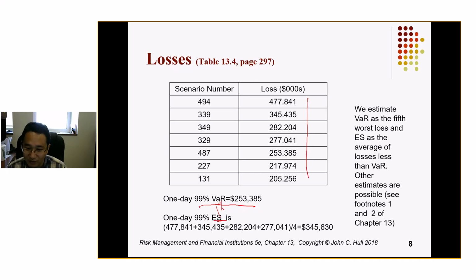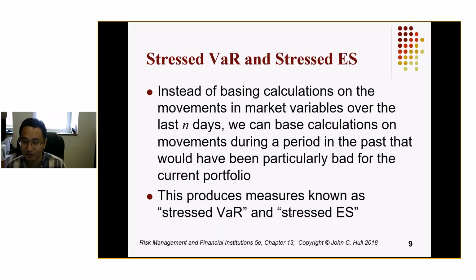So this 1% times 500 gives us 5. Count to the 1, 2, 3, 4, 5. So this is your VaR. And then for the expected shortfall, that's worse than VaR, so you have only 4 observations, and you just simply average them. And then we have those losses.